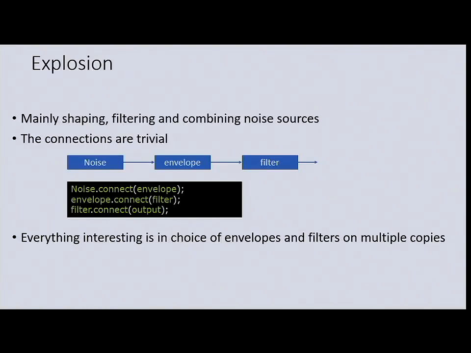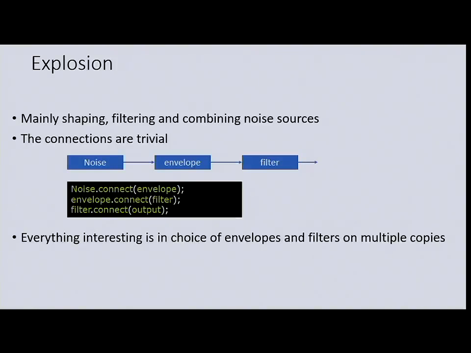And that's it. So the core connections are creating a noise source using an audio worklet, applying an envelope using the scheduling that we've covered, and filtering the signal using something like that low-pass filter, which can be the built-in filters or your own filters. And then the connections are just noise connected to the envelope connected to the filter connected to the output.